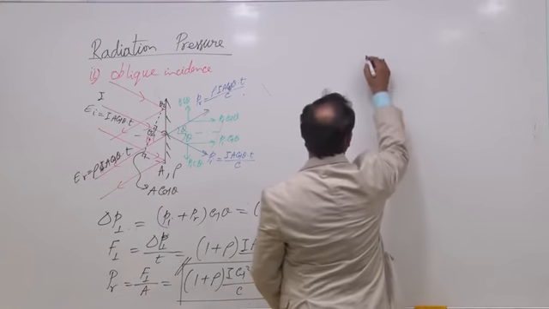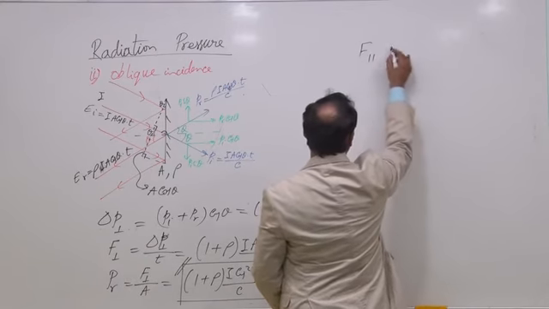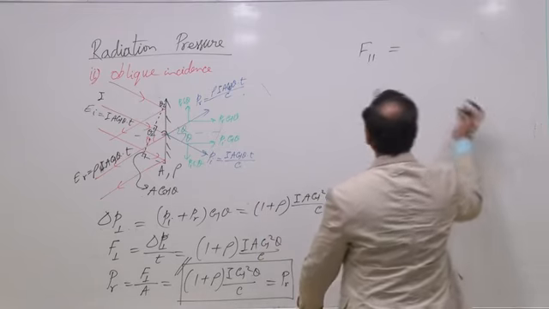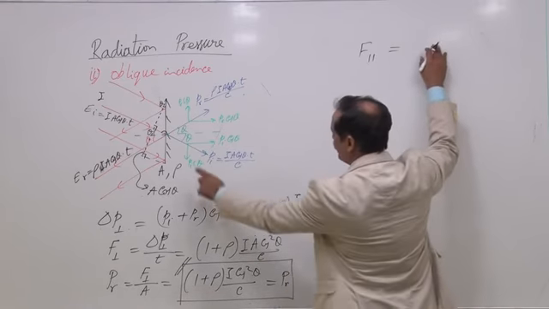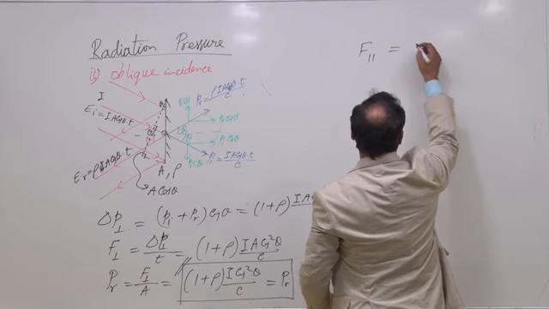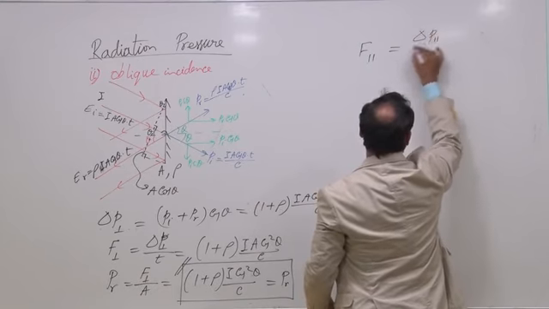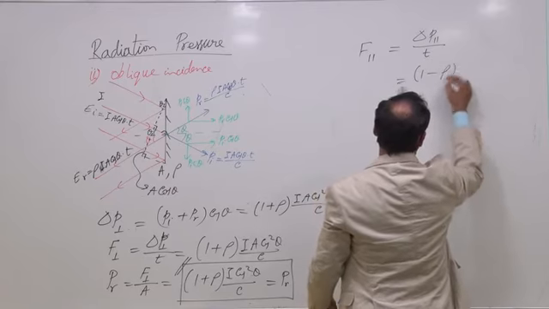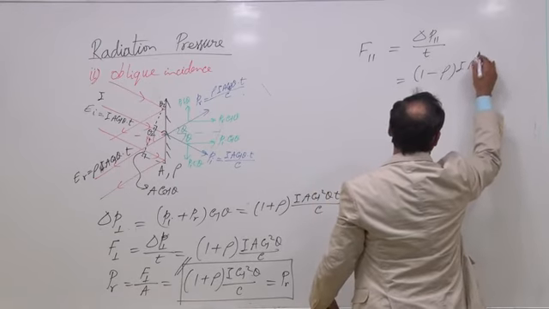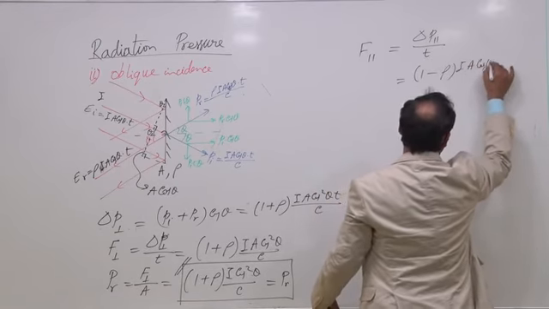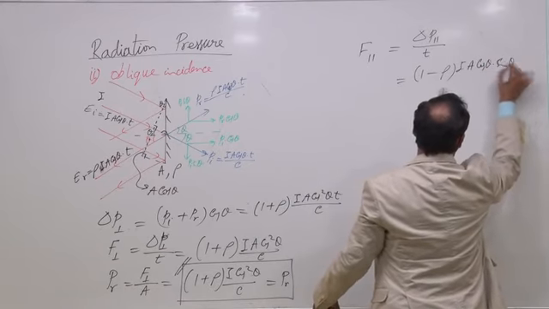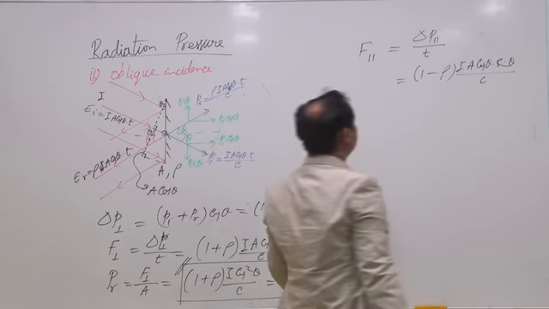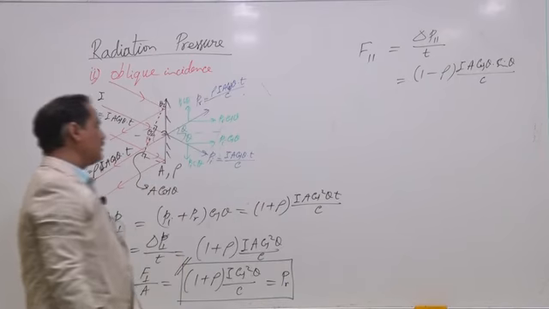We can write F parallel, in the parallel direction, dP parallel by T. This is equal to (1 minus rho) I A cos theta sin theta by C. This is the parallel force.